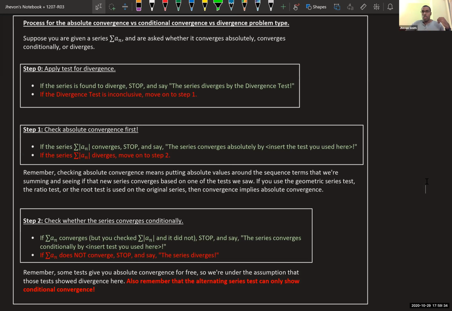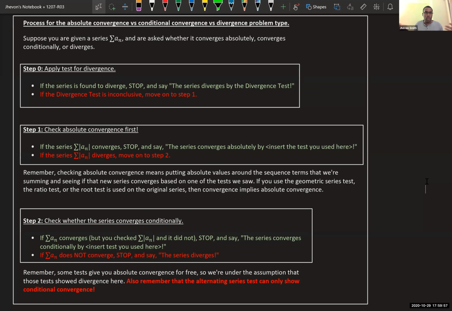And so you hit it with the test for divergence, make sure it doesn't obviously diverge. Then if that is inconclusive, you move on and check absolute convergence, right? You check absolute convergence, remember, just by putting absolute values around the sequence terms. And then you'd get a new series probably, right?